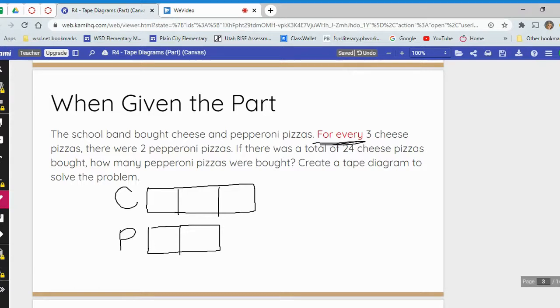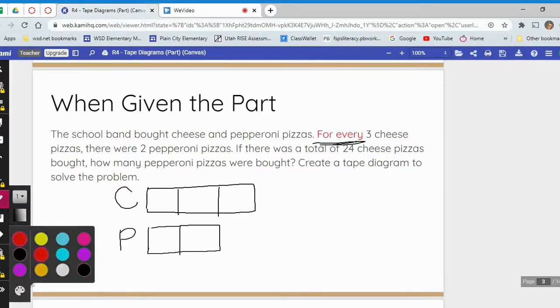Now, what other information do they give us? So it says if there was a total of 24 cheese pizzas bought. So this cheese pizza that we have at the top, it says those have to be 24.